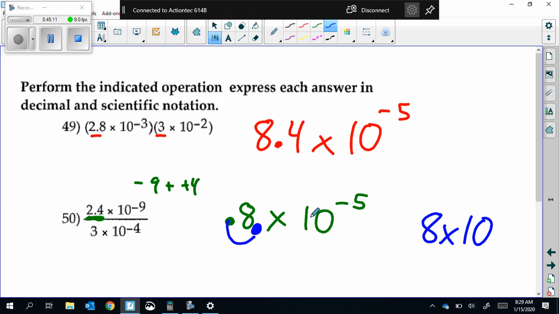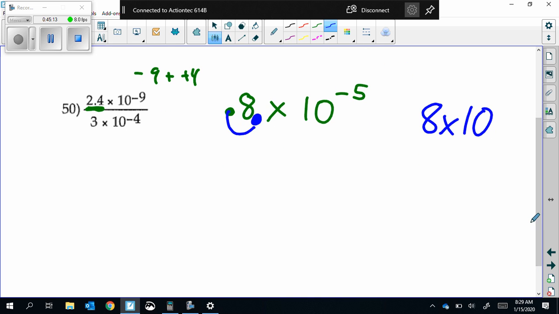Now, the way that we moved this, it might be confusing. It is a little bit confusing. So what I do when in doubt is I just write this original problem. 0.8 times 10 to the negative fifth means we're moving it this way. 1, 2, 3, 4, 5.